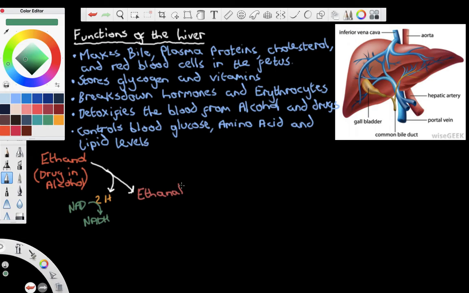Ethanal is then oxidized again. So 2 more hydrogens are removed from it. So again, NAD accepts, that's going to annoy me because it's a different colour, isn't it? That'll drive me crazy. NAD is converted into NADH. The ethanal, when it's oxidized, is converted into something called ethanoic acid.